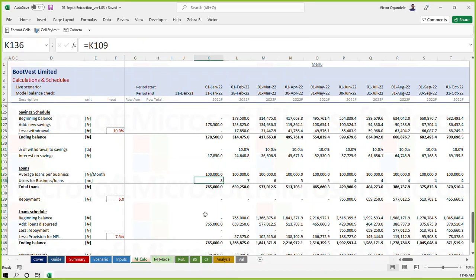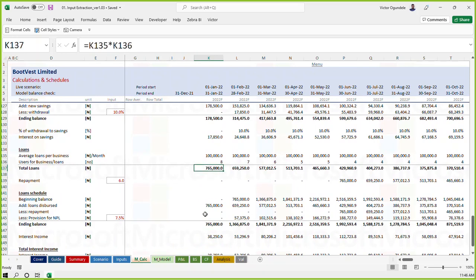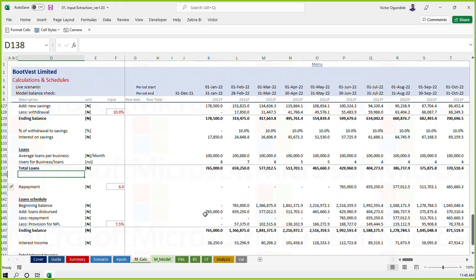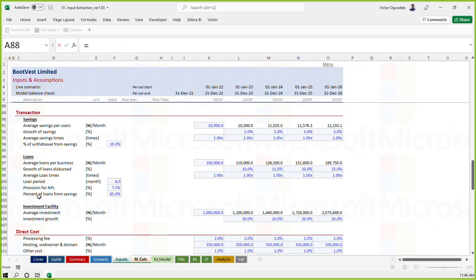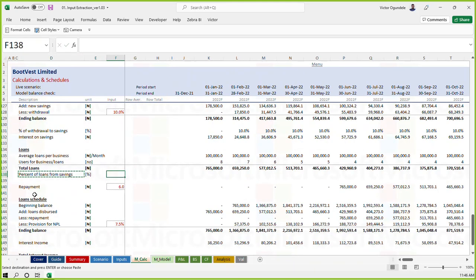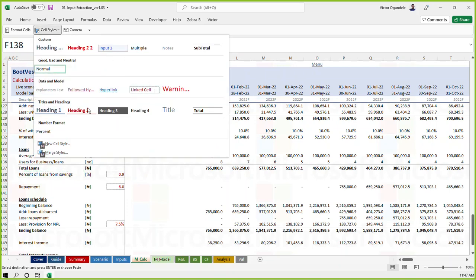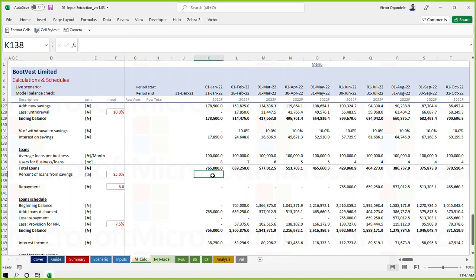So now, how do we get to restrict this? What method do you think we can use? As I said, most times when I'm building my model, I always make sure there's transparency in my model build. So let's put this in percent and make it a link cell style. What we try to get is this, equal to 85% of this 175.